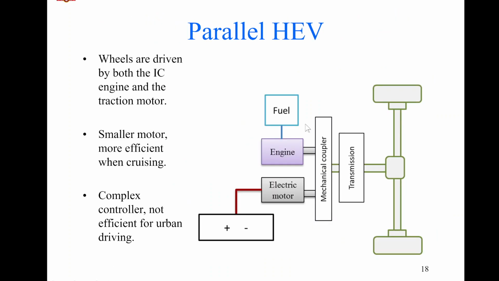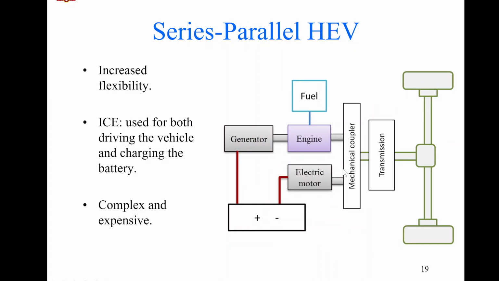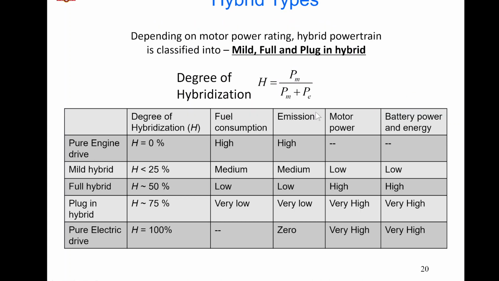Then we looked at different architectures, and finally we defined degree of hybridization, where we go from pure engine drive to pure electric drive with different levels of contribution of power coming from the electric part and the conventional powertrain.